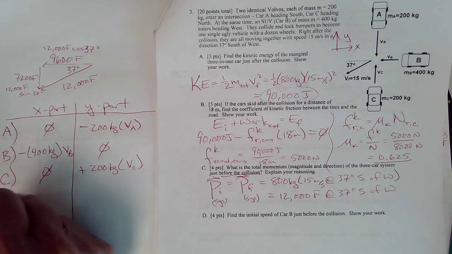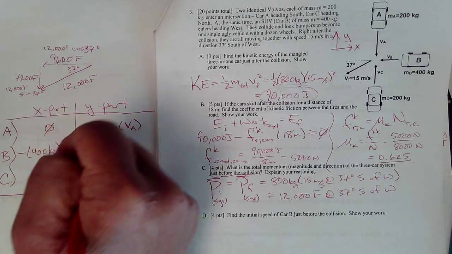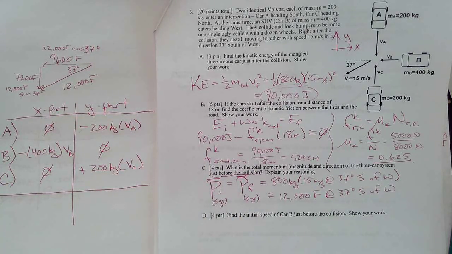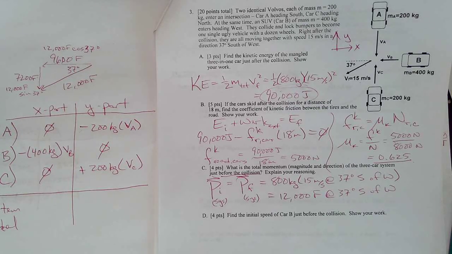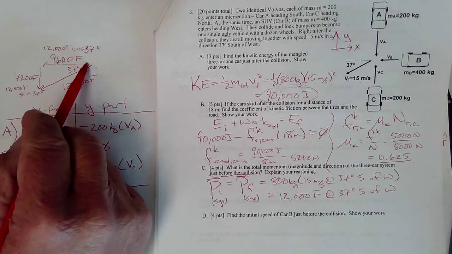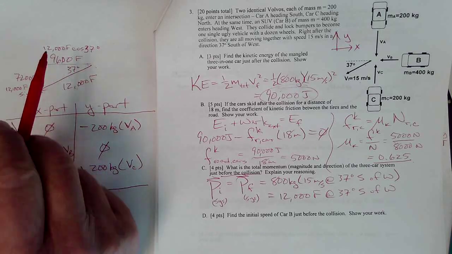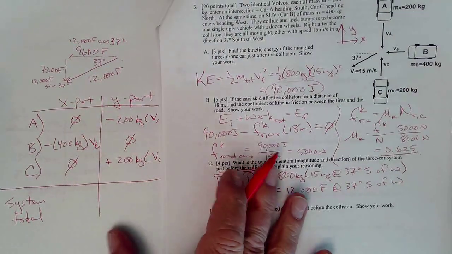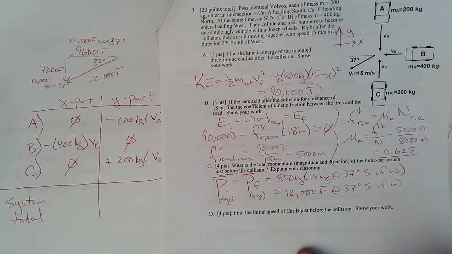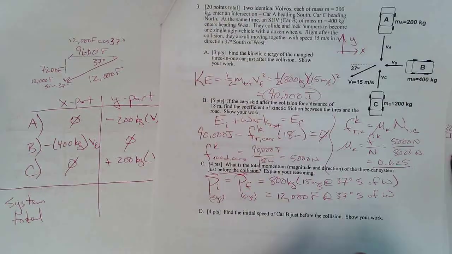Now, I don't know what these things are because I don't know those speeds, but I do know that they've got to add up to the total momentum for the system. And the total momentum of the system, the x part is going to the left.